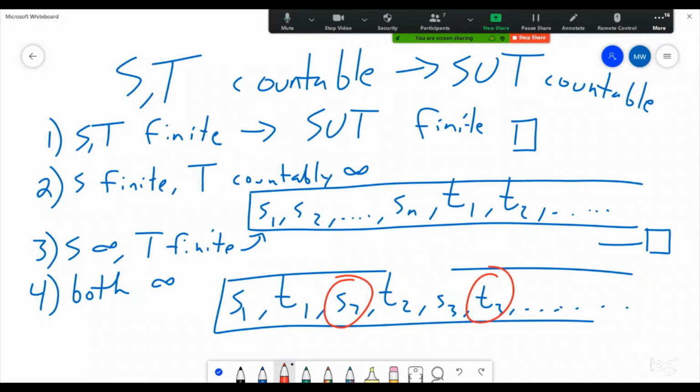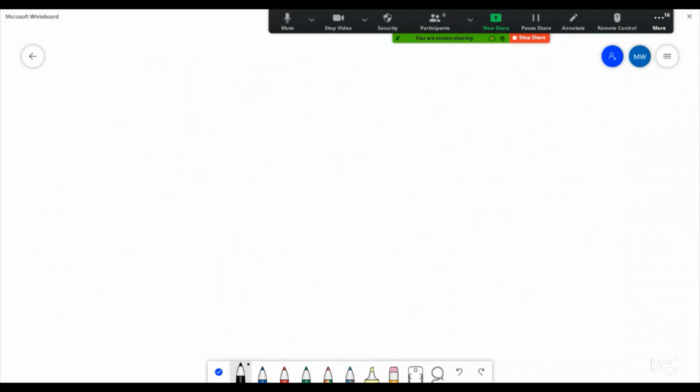Any other questions that people have? Could we prove that the Cartesian product of the natural numbers is also countably infinite? Yep. Cool. So we are looking at N cross N. So let's just write down these sorts of pairs that we're going to come across.